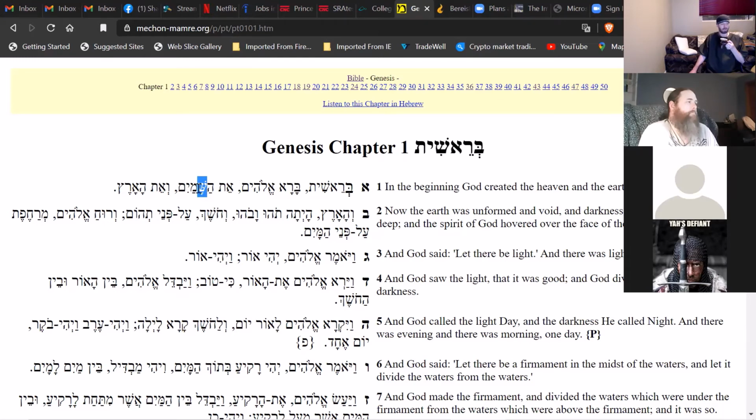So just mayim is waters, but when the shin is added, we're talking about the firmament or the heavens. And again, the waw for and, again, this word at is not put there. It should be at the heavens and at the, which is your letter hey there. And then aratz in the earth.